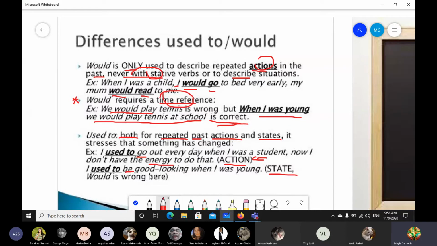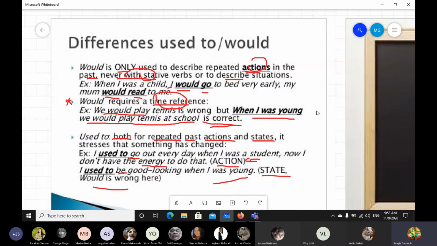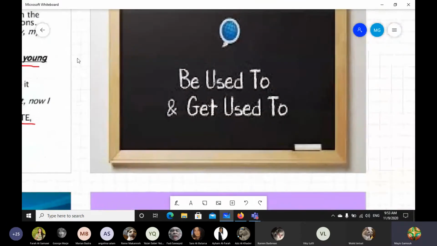I used to be good looking when I was young okay كان شكلي حلو أو منظري جميل لما أنا when I was young تمام this is a state معناته هنا would بتيجي غلط ليش؟ لأنه it's a state وحكينا إنه الwould ما بتيجي مع states بتيجي مع actions ما بقدر أستخدمها with stative verbs. So this is the difference between both terms, between both phrases.